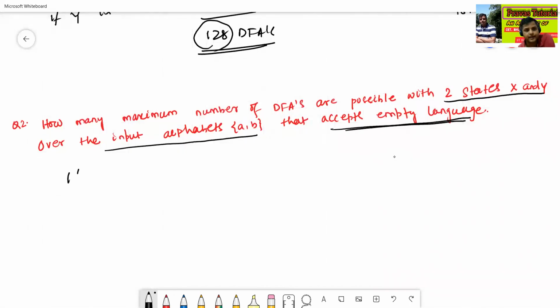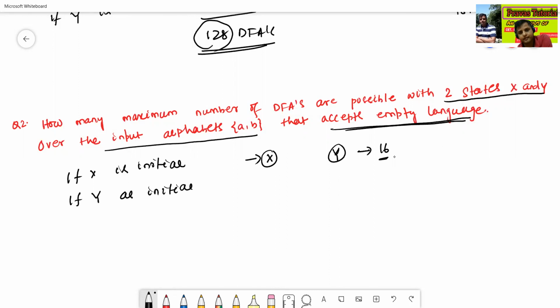Now if X is initial, this is X, this is Y, and it will give all combinations, that means 16 DFAs. Similarly, if Y is initial, this is Y and this is X, so it will give 16 DFAs.